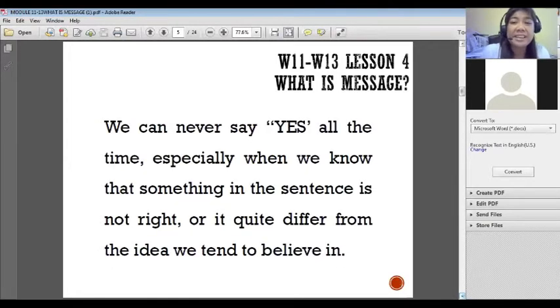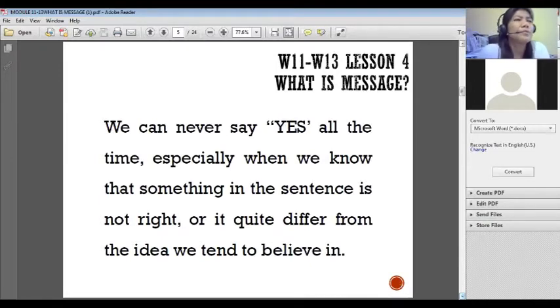We can never say yes all the time, especially when we know that something in the sentence is not right, or it quite differs from the idea we tend to believe in. It's really difficult to accept the ideas of others when we have contradicting and contrasting ideas.